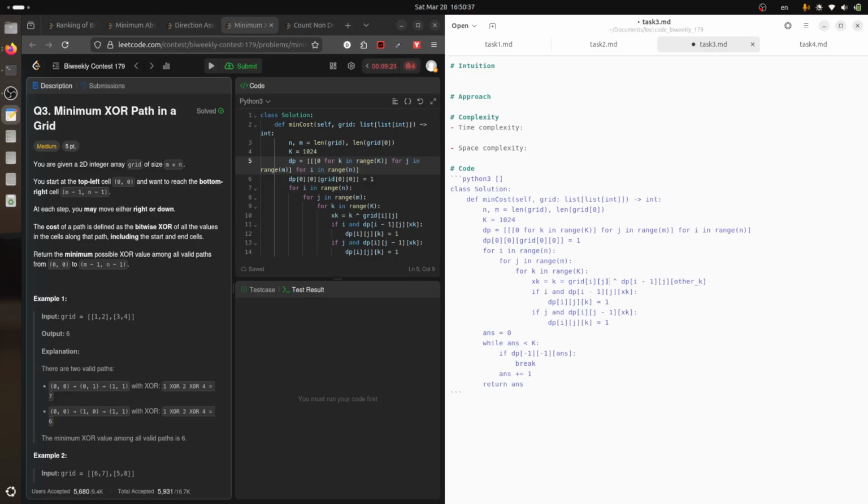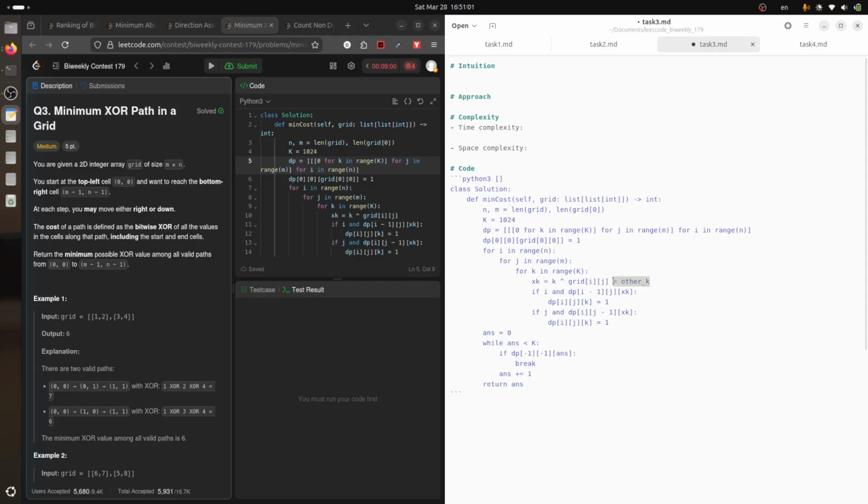And if this holds, that's great. Then we would set dp ij of this whole thing to 1, but we cannot try all possible values in dp ij. Instead, we can just use the XOR property to do this, right?